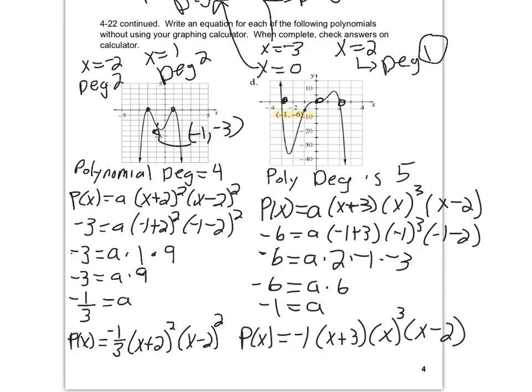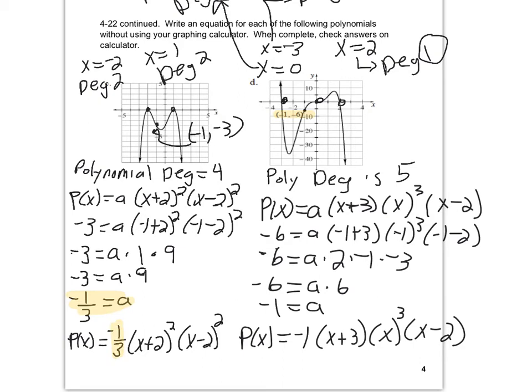Welcome back. Please review the work. Notice in part C, I chose a point of negative 1, negative 3 to help find my A value, and A came out to be negative 1/3.